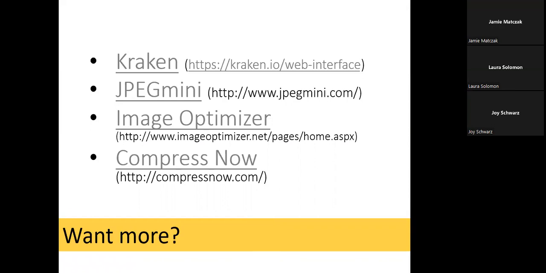Kraken may also do batches. Compressor.io used to not do batches, or in other words, more than one image at a time, but I believe it does now. Some of these others may also do it now. So you may just want to experiment with these and see which one you like. You do not have to use any of these if you already have something available or that you've been using. Stick with it. Keep doing it.